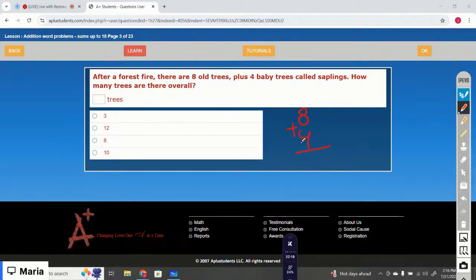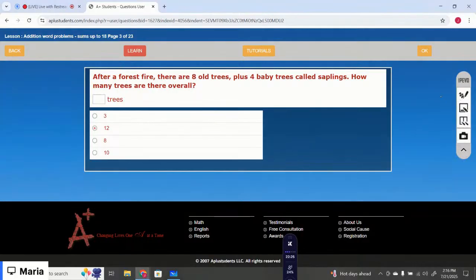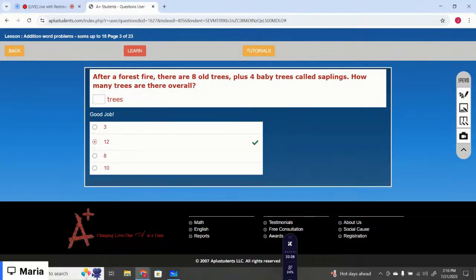That is 8, 9, 10, 11, 12. So 8 plus 4 makes 12. Option number 2 is the correct option.